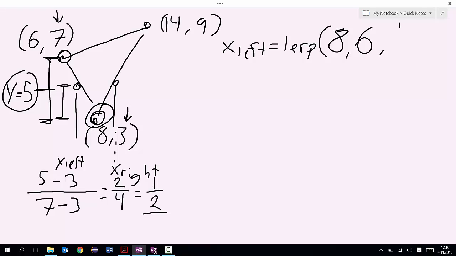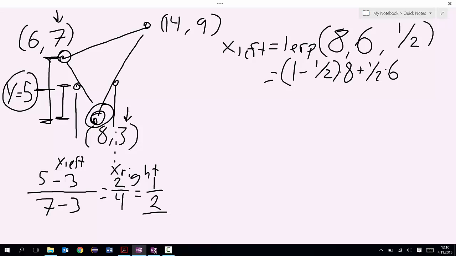Okay, so between 8 and 6, our parameter is 1/2. That linear interpolation will be 1 minus 1/2 times 8 plus 1/2 times 6. It's basically their average, so x left will be 7. So we have an x left of 7 here.